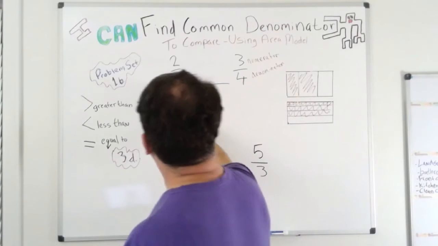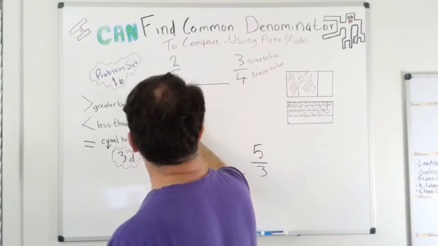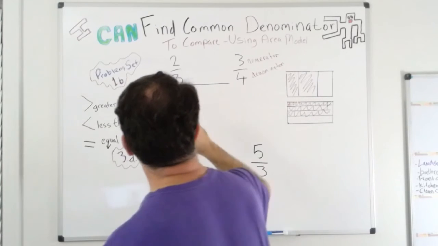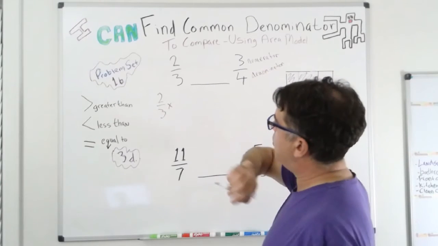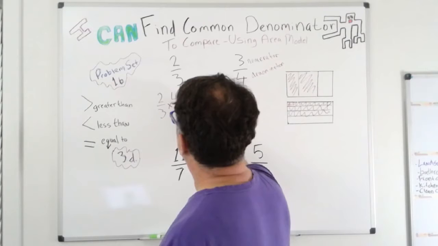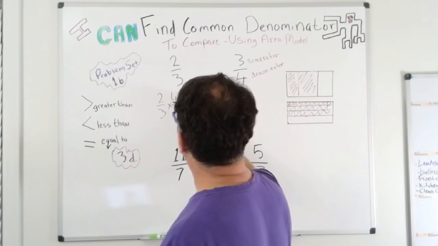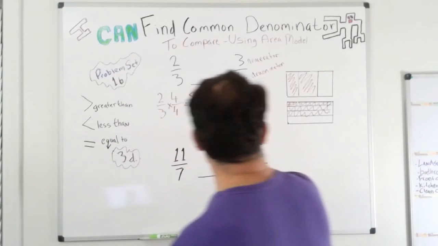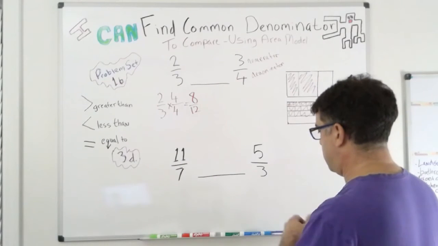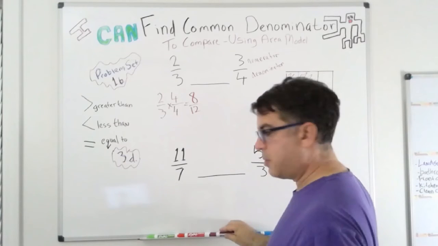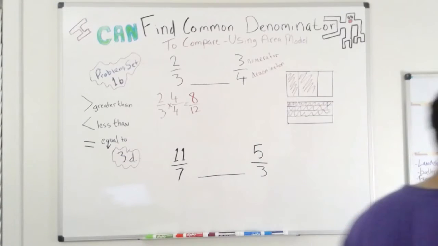So you have to multiply the same thing top and bottom. So 2/3 times 4/4 gives you the equivalent fraction, 8/12. So I can show that in my area model. If I go ahead and do some vertical division here, dividing this up, where's my black?